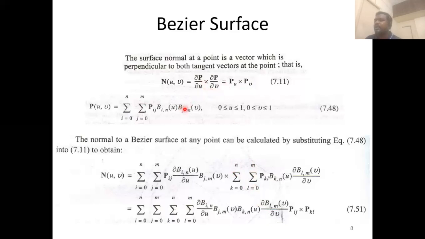Therefore, this term has to be taken partial derivative with respect to v. So if you look at it, in place of j, it is written l because two more variables are introduced. Actually, it is the same expression as i and j; in order to distinguish, it is given here.